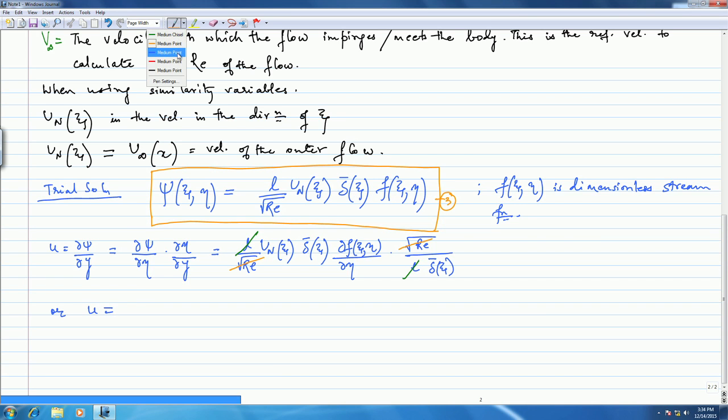And we've got delta bar and delta bar that cancels out. So what we are left with is u_n zeta, f dash, and again all the derivatives here are with respect to eta, right, and f in this case is a function of zeta and eta, right.